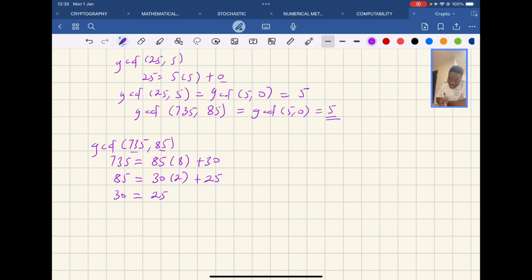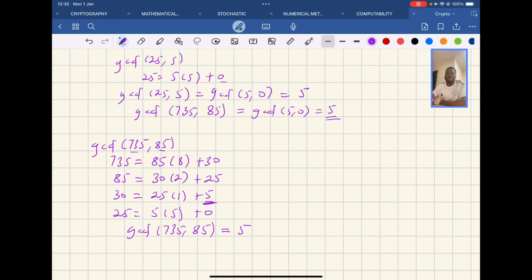How many times will it go into 30? Which is 1 plus a remainder of 5. Now the quotient again, the remainder, how many times? 5 plus 0. So the last non-zero remainder is 5. So in this case, the GCD of 735 and 85 is equal to 5.